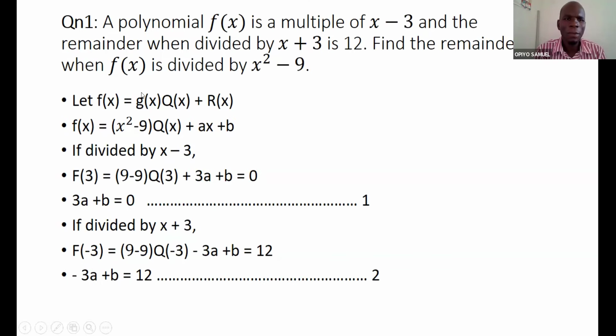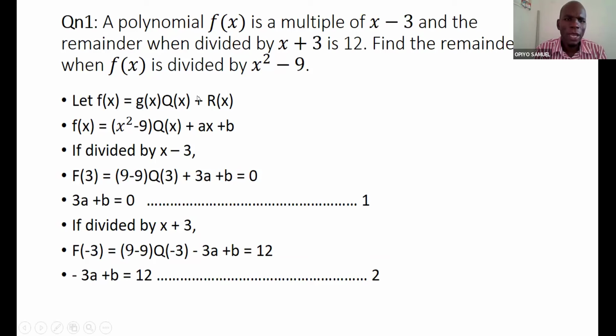The standard form of the polynomial is f of x equals g of x times q of x, plus the remainder. Now, this x squared minus 9 is our divider. Meanwhile, the q of x is unknown, so you leave it as it is.